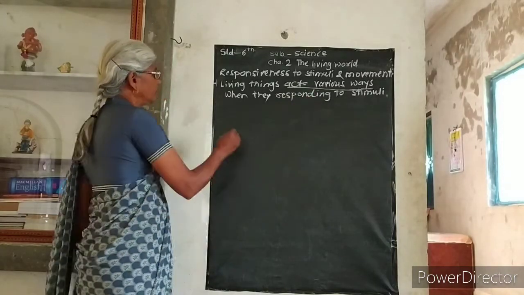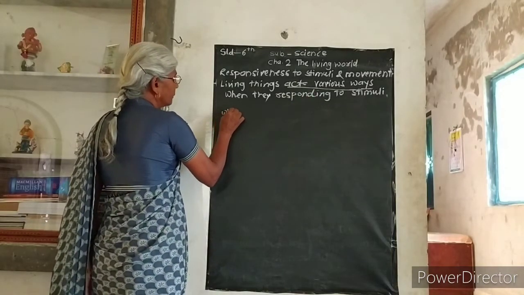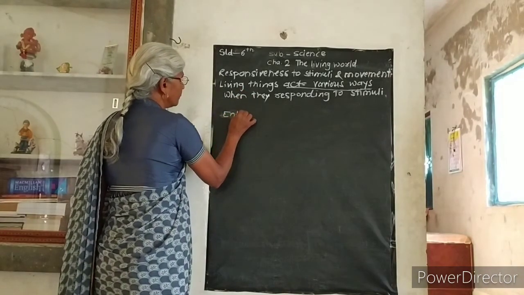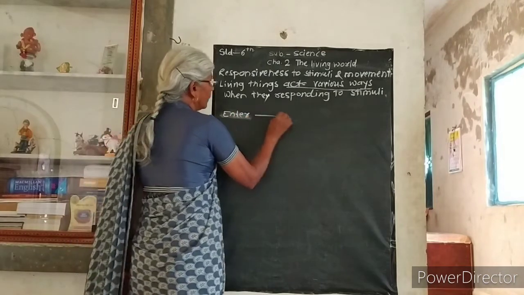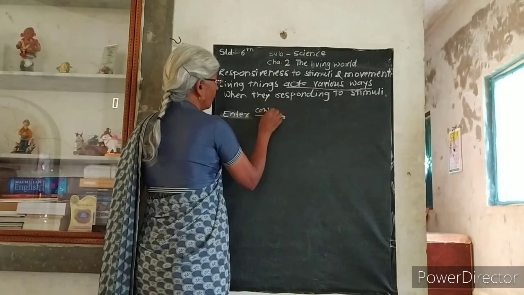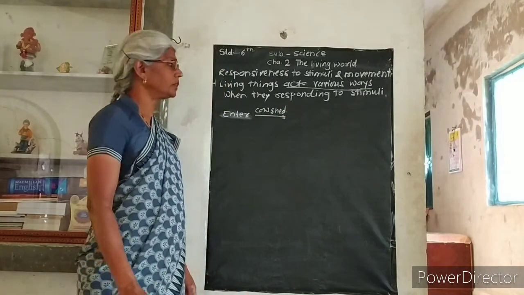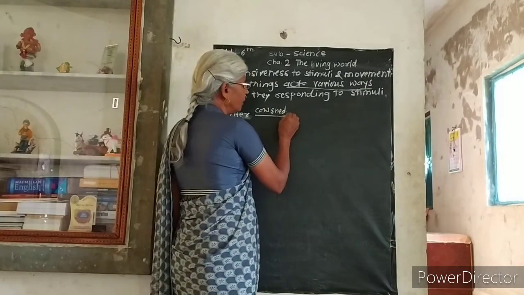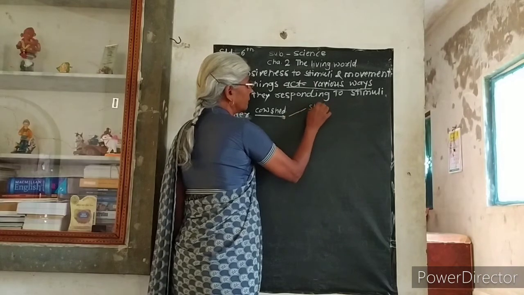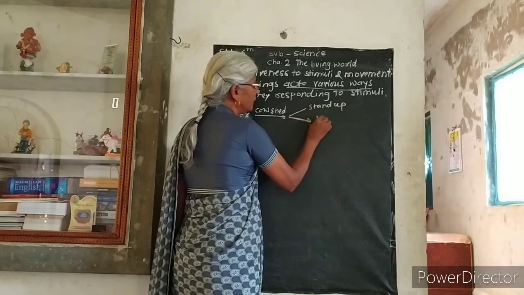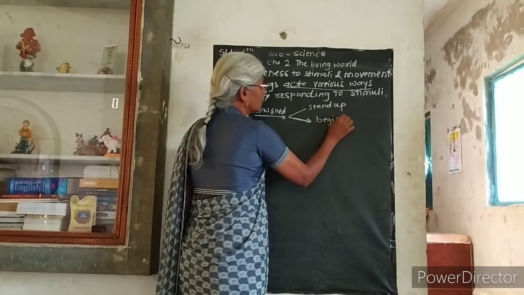For example, when you enter a cow shed, what happens? The cows and buffaloes stand up. They begin to move.